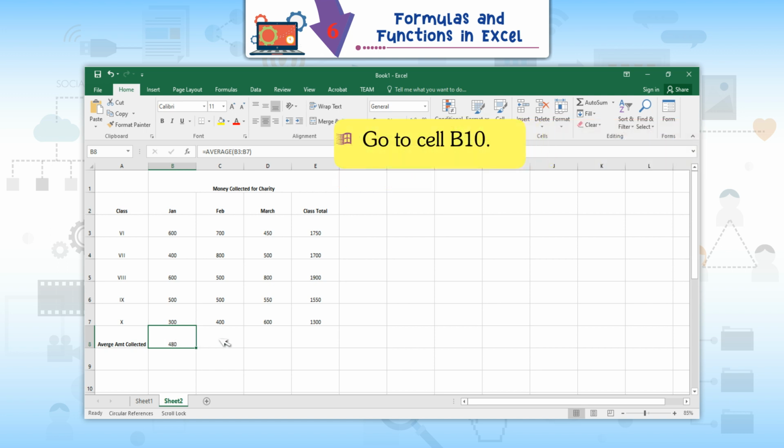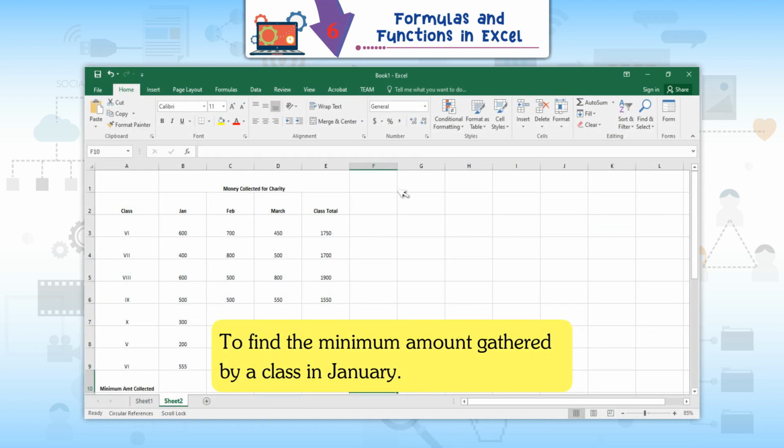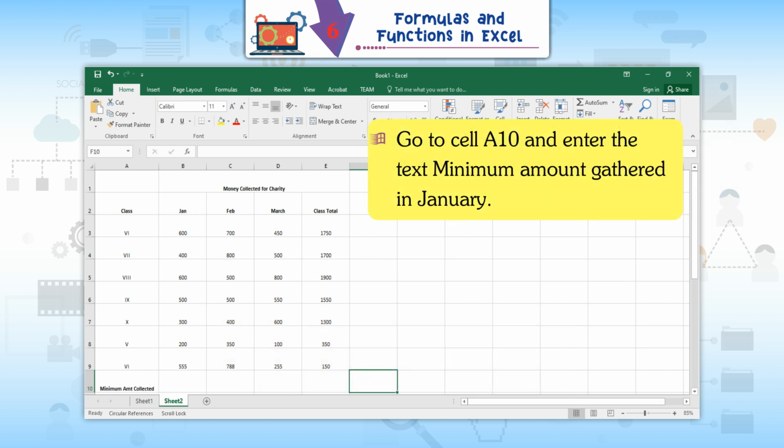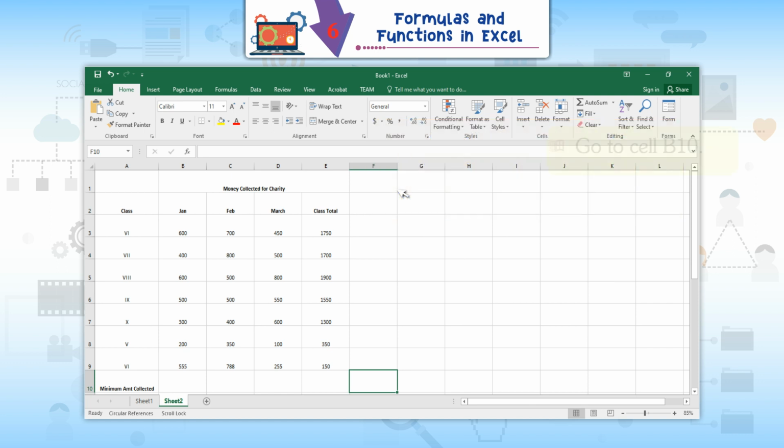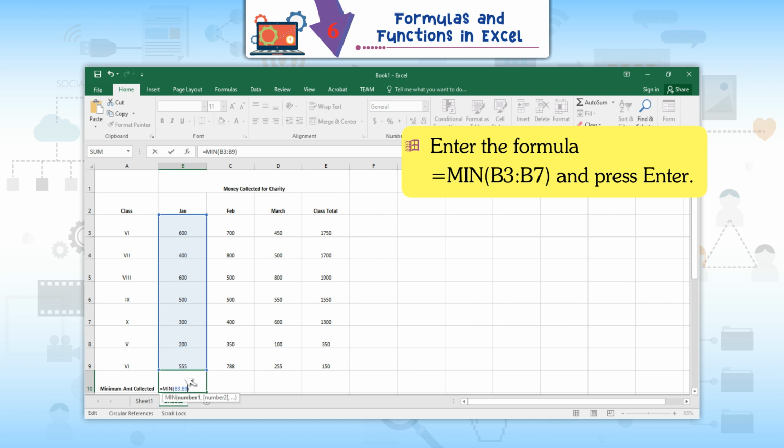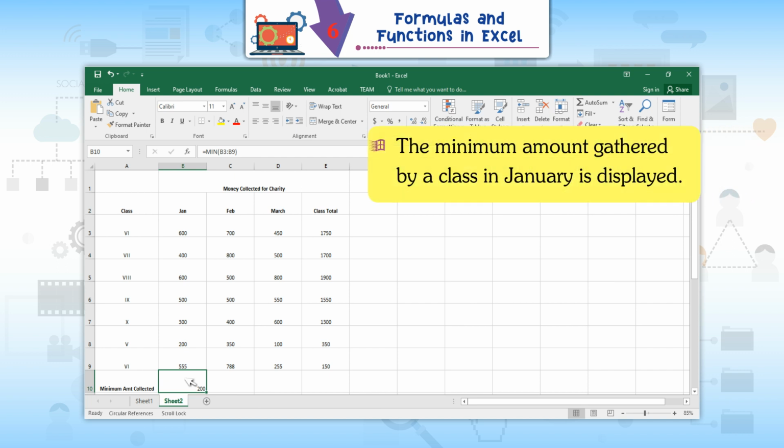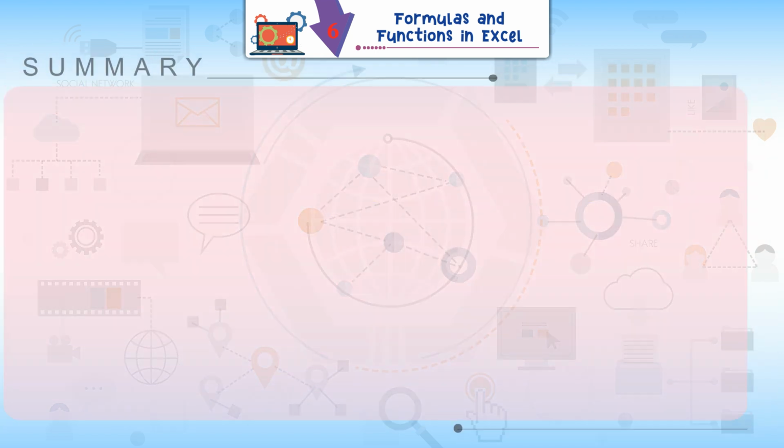Copy the formula to the range of cells C8 to D8. To find the minimum amount gathered by a class in January, go to cell A10 and enter the text minimum amount gathered in January. Go to cell B10. Enter the formula =MIN(B3:B7) and press enter. The minimum amount gathered by a class in January is displayed.